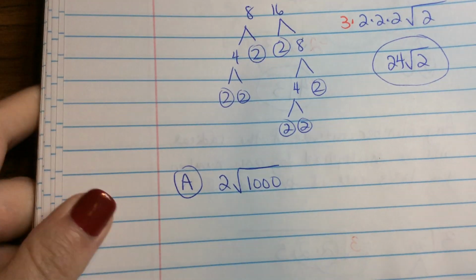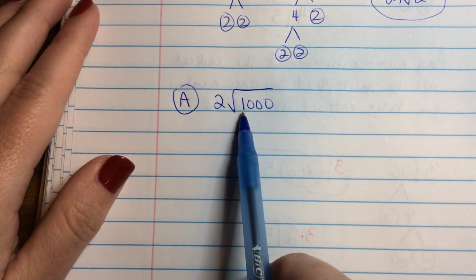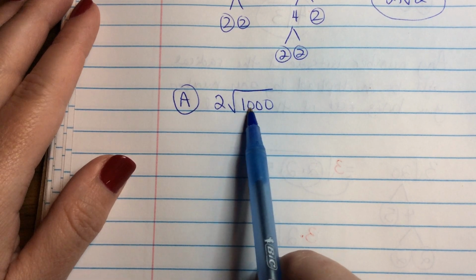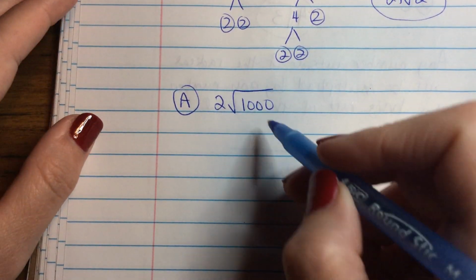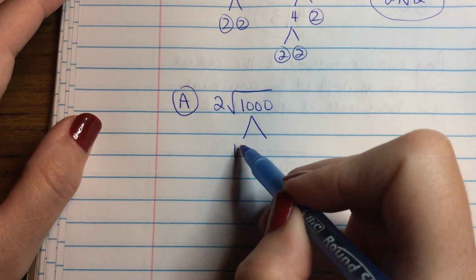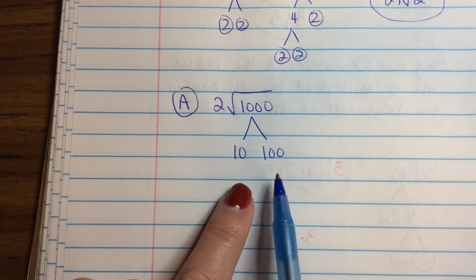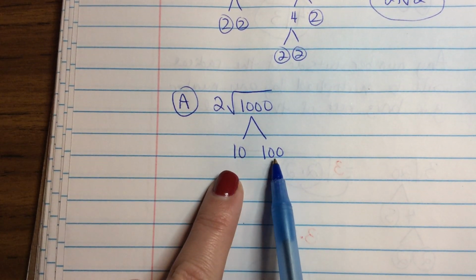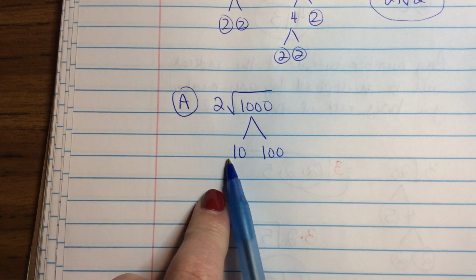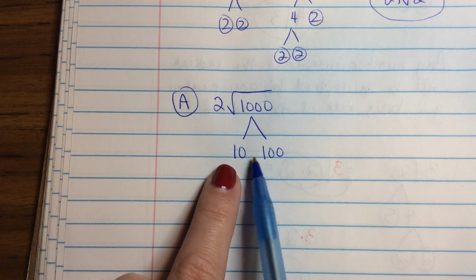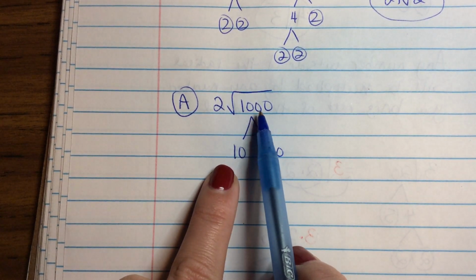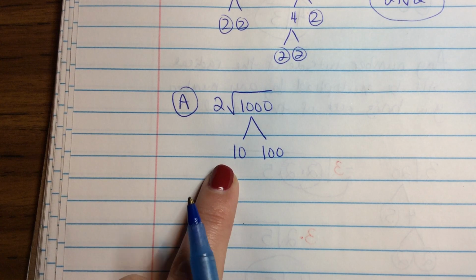So there are shortcuts that we can use to figure this out. 1,000 is going to be 3 zeros. So we can do 10 times 100 because I still have 3 zeros. 10 times 100. 1, 2, 3 zeros.